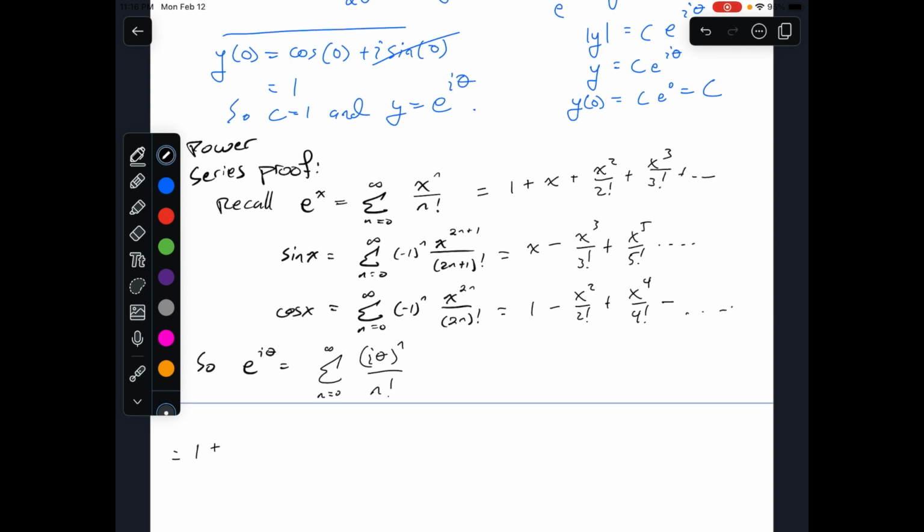So it'll be 1 plus i theta plus i theta squared, or i squared theta squared over 2 factorial, and then plus i cubed theta cubed over 3 factorial, and so on.